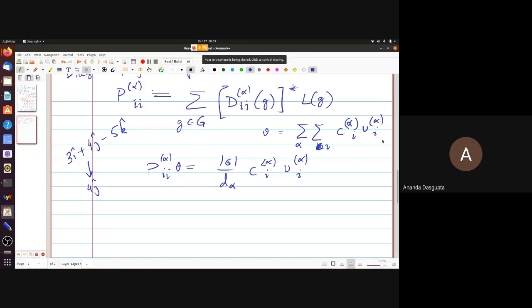So this was your original vector, right? This diagonal projection operator just picks out that part, c alpha i, v alpha i part, and leaves everything else out, right? This is okay?